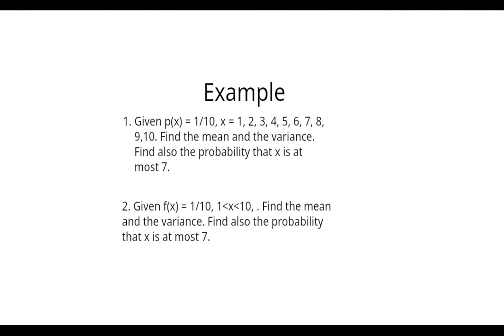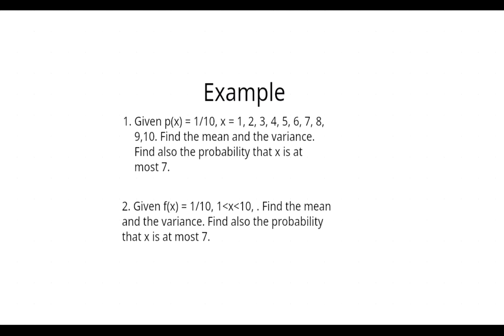If you come to the discrete, you can find at most 7. But if you are looking for the probability that x is 7, you get that here to be 1/10. But here, it will be 0 because you cannot get it for a point value.